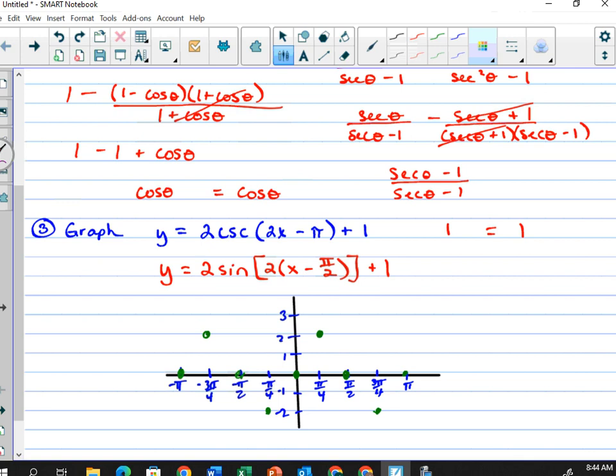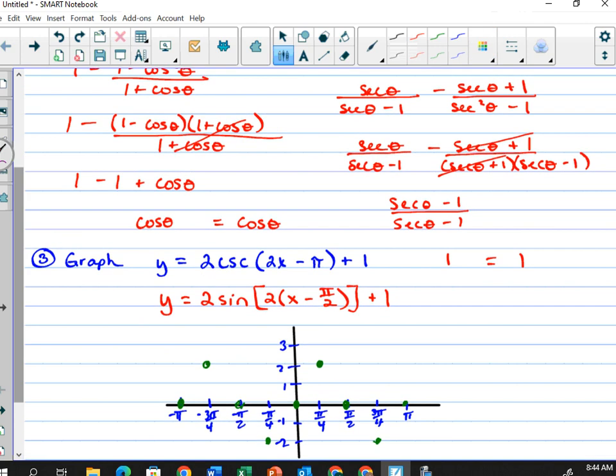When I have to graph, I'll give it to you, and when you have to prove, just give it to me. Because they have the same denominator then? Yeah.